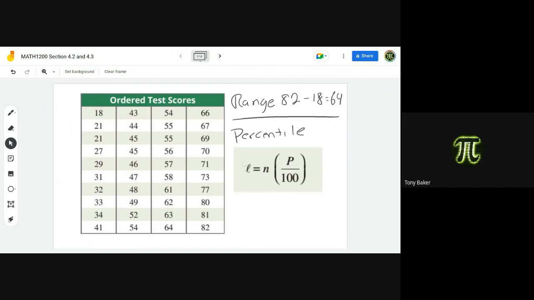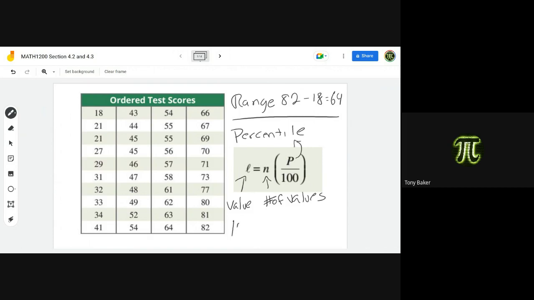It's the value you want. That's the number of values. And that's the percentile. So to find a specific percentile, this is the formula we would end up using.